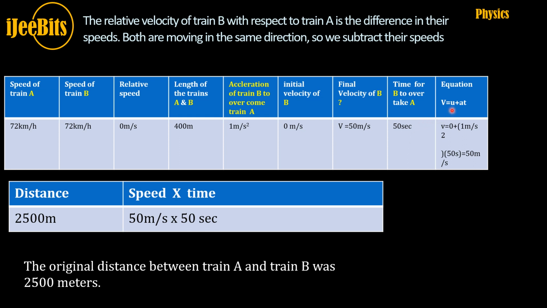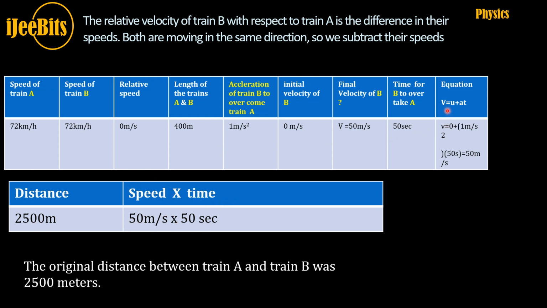When we know initial velocity, acceleration and time, we should recall the equation v is equal to u plus at, because we should know the final velocity of B, so that we will know the distance, since speed and time give us distance.